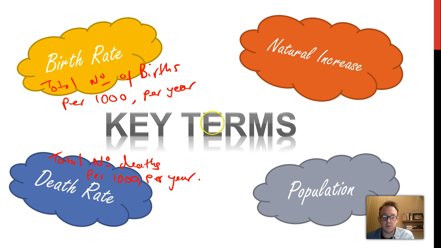The population, which is the total number of people. And natural increase, which is the difference between births and death rates. Okay, quite simple. Pause that, just write them down, jot down the definitions if you need to.